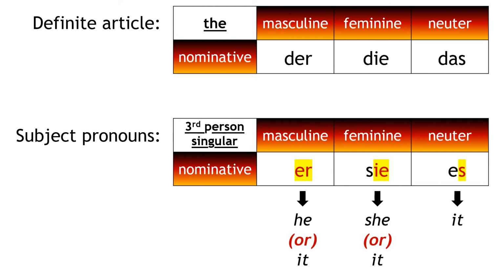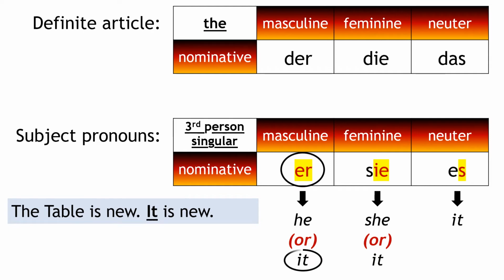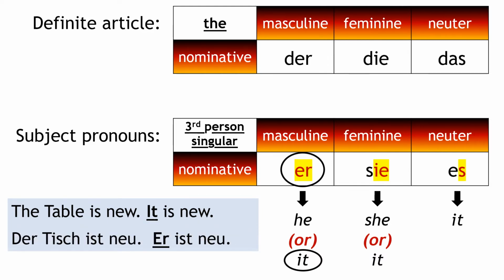In English, the subject pronoun we would use to refer to a table would be it. In German, the subject pronoun reflects the gender of the noun which it represents. So, er must be used to reflect the gender of der Tisch. Der Tisch ist neu. Er ist neu.